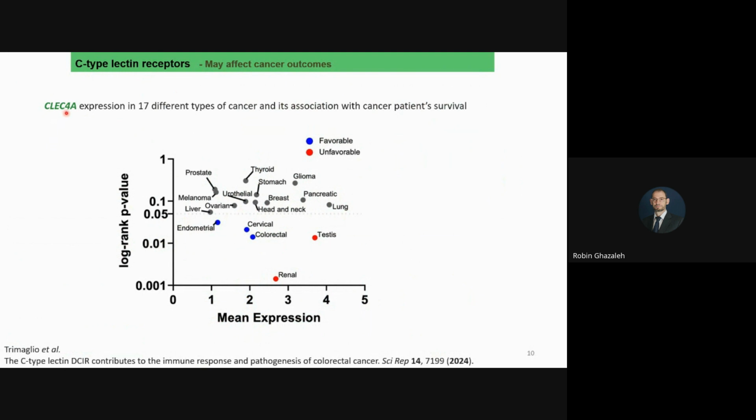So innate immune signaling is important not only in dealing with pathogens, but also in dealing with cancers. Oddly, in some cases, and you can see it here in the data, expression of this lectin is associated with unfavorable outcomes.